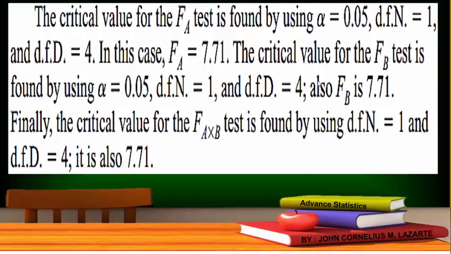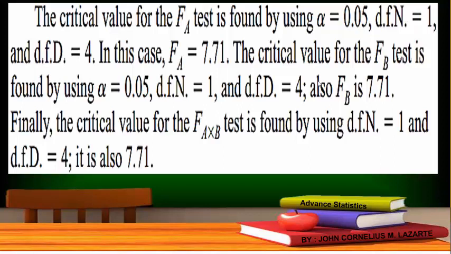The critical value for the F sub A test is found using alpha of 0.05, degrees of freedom numerator equal to 1, and degrees of freedom denominator equal to 4. In this case, the F sub A is equal to 7.71.